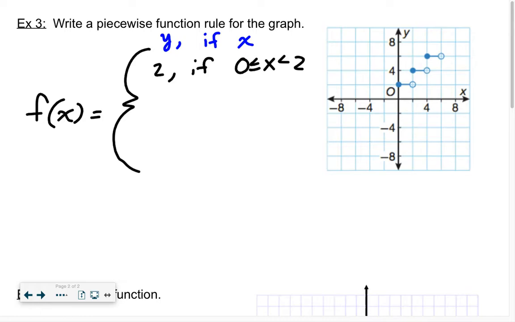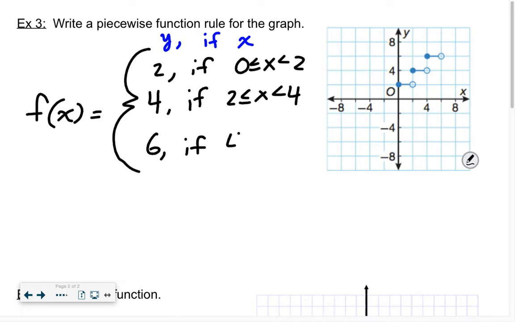Devin, what do we get for statement number 2? 4 if 2 is less than or equal to x is less than 4. If, one more time. If 2 is less than or equal to x, x is less than... Awesome. Strictly less than 4, but can equal 2. And then for the third statement, Peyton? 6 if 4 is less than or equal to x.